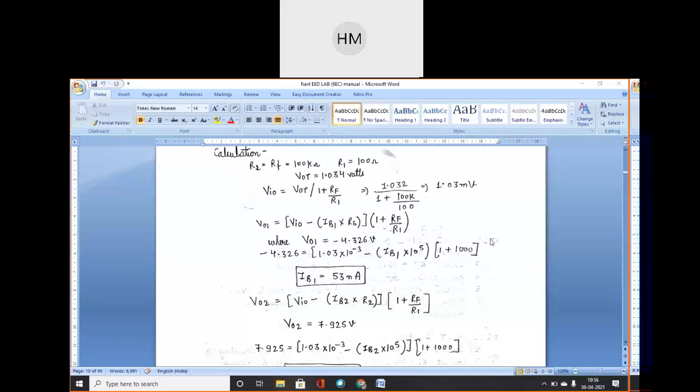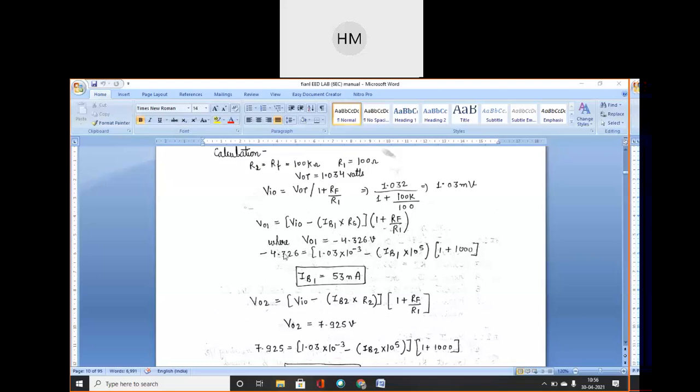So by using the second formula, what are we doing? VO1, which we know from the next two circuits, VO1 is equal to VIO minus IB1 into RS, times 1 plus RF upon R1, and VO1 value we have found from the circuit.